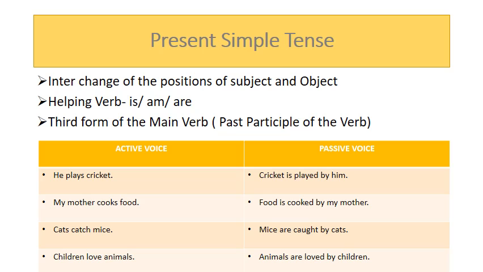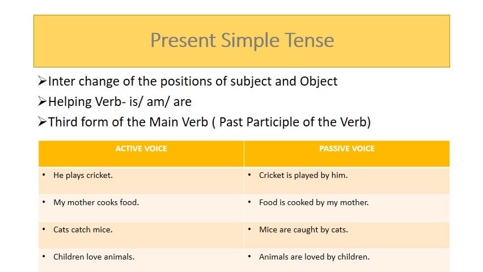In the active voice, the sentence is he plays cricket, and its passive voice will be cricket is played by him. Now the active voice, my mother cooks food, and its passive voice is food is cooked by my mother.